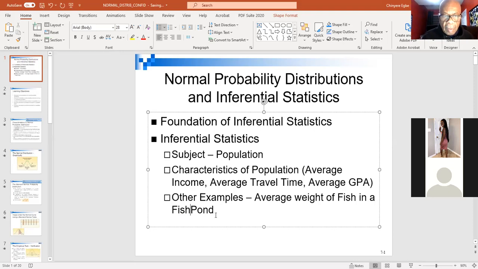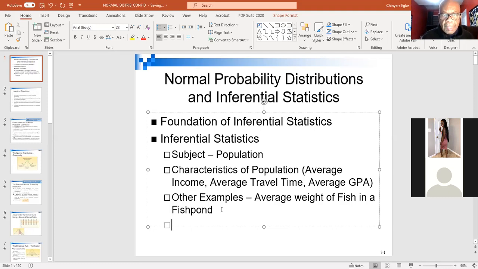Well, first of all, you think about the population of the fish pond. How can you actually define the population of a fish pond? You are not able to define the population of a fish pond because fish come and go, and there's no way you can say exactly what the population is. Nevertheless, there is a characteristic.